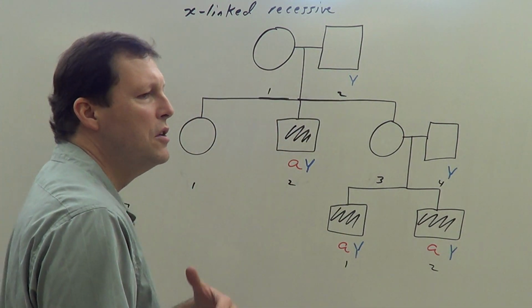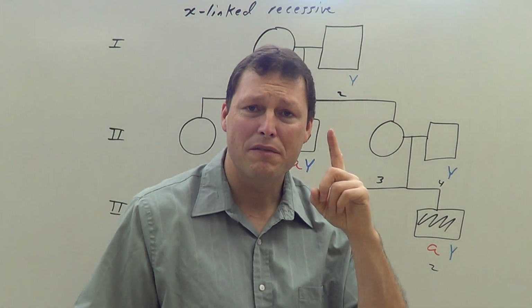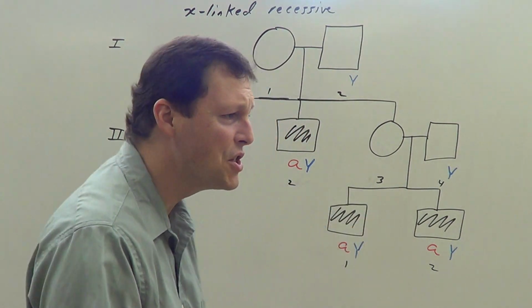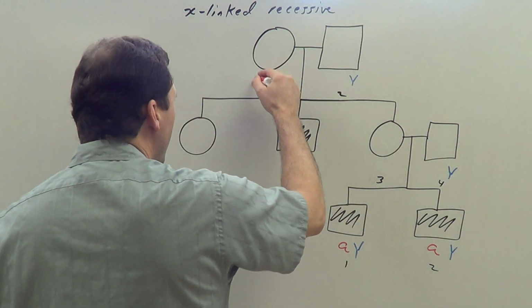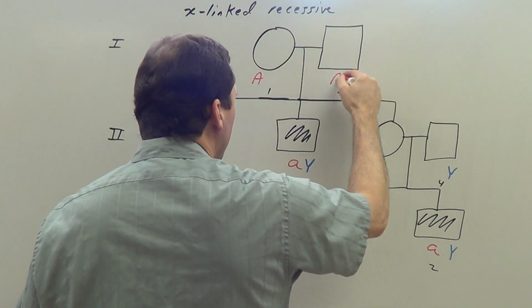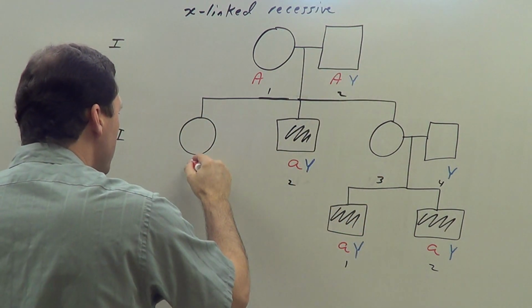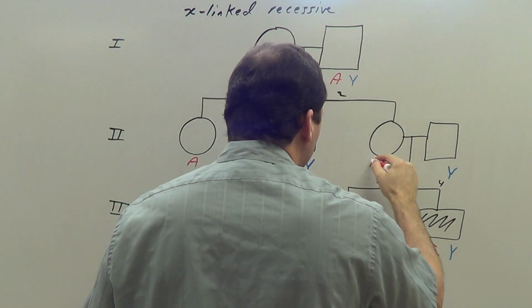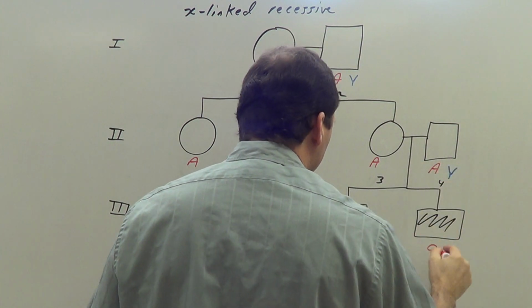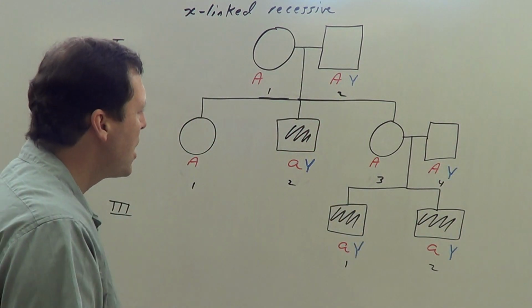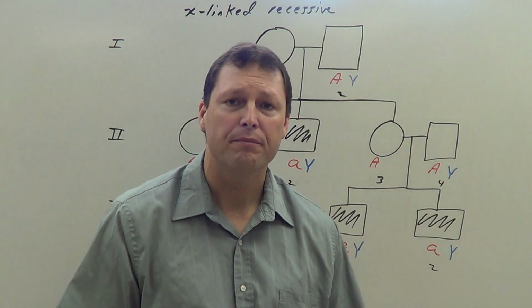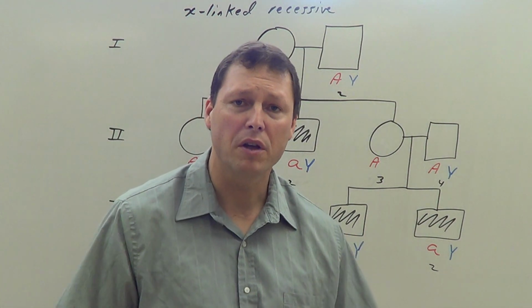All unaffected individuals must have at least 1 uppercase A, because remember, the uppercase letter is dominant. It will match the effects of the second letter. That's our given information, and you should be able to figure that out relatively straightforwardly.